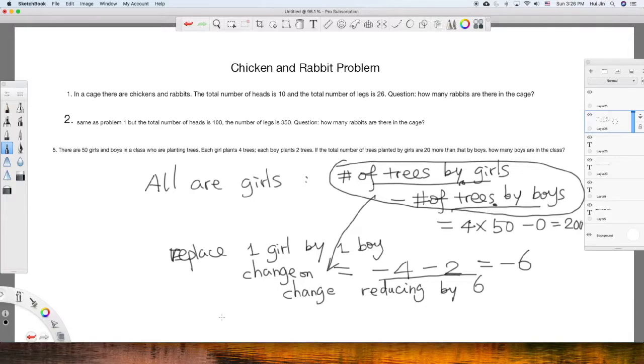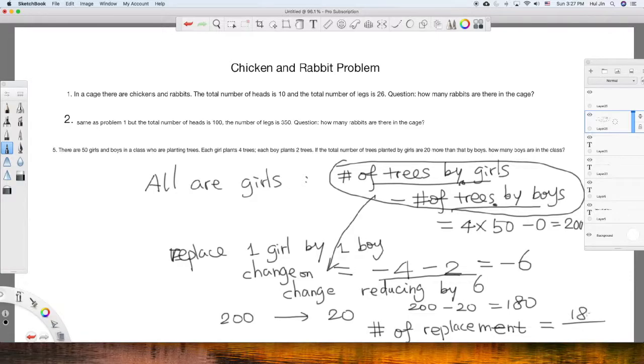And what's the target? We need to, from 200, reduce to 20, which means a reduction of 200 minus 20 equals 180. And every replacement is going to be 6. So number of replacements will equal 180 divided by 6 equals 30.